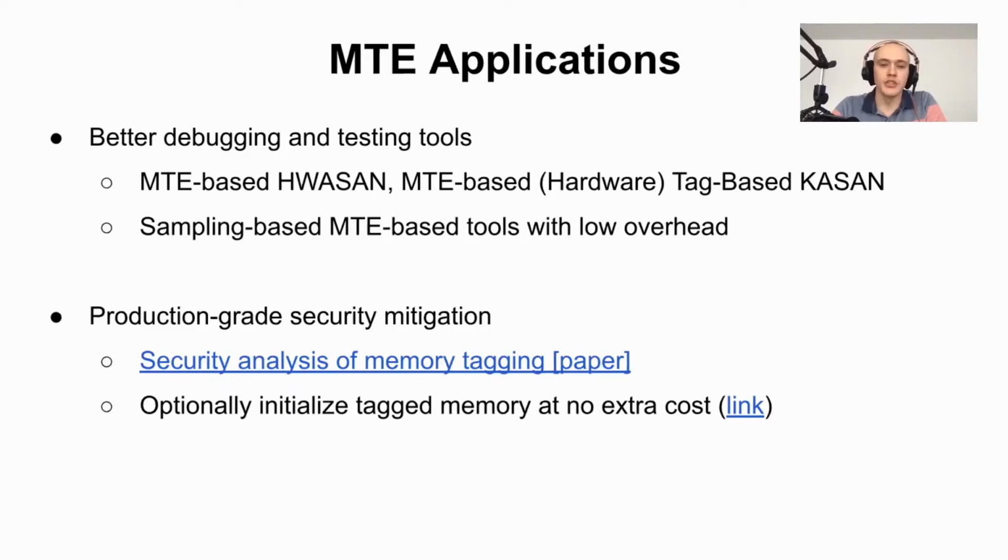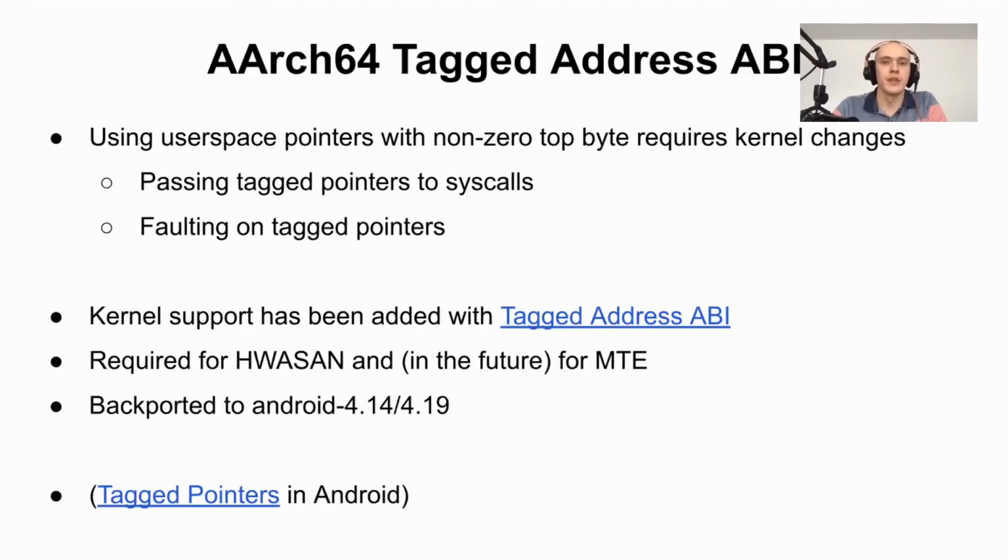There is also another interesting point: when you have memory tagging, you can initialize the memory at the same time as you set the tag on it, at no extra cost. So you get memory tagging plus memory initialization for the same performance impact. There is a link here you can follow to find out the details.